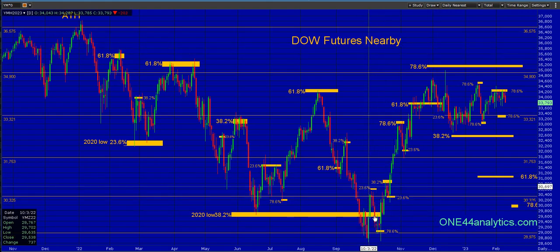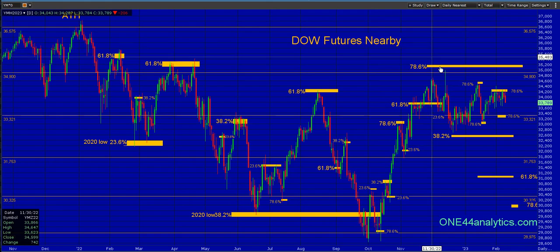So we can see the turns in here where the bottom was brought about by a 78.6% retracement. Hit it up here, could only go 23% back. New highs, 23%. Then it fell just a titch short of 78.6 back to the all-time high. Then it held that move, took it down to 38, just above 38%.